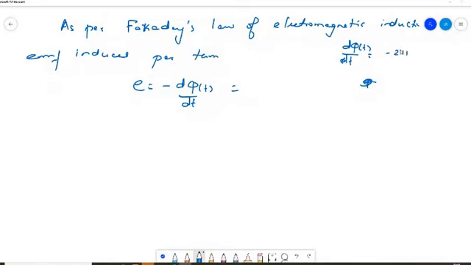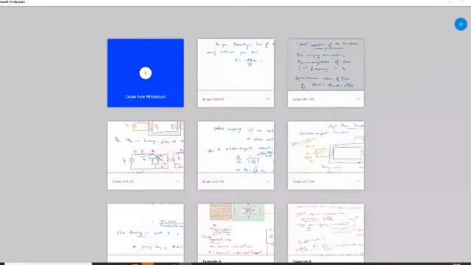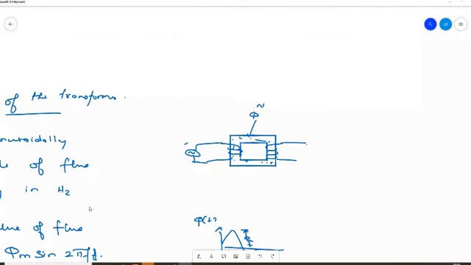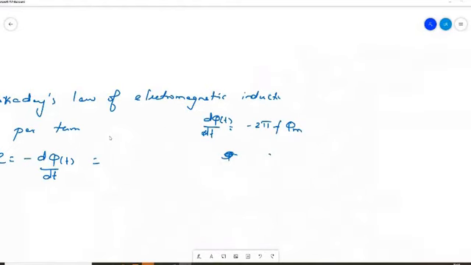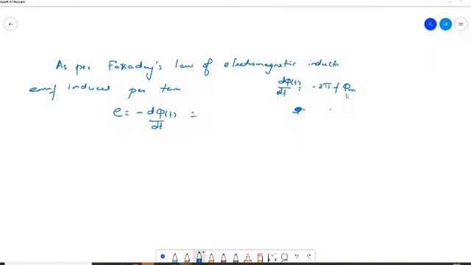So it is minus of d phi of t by dt, and you will be getting 2 pi f phi m sine of 2 pi ft minus pi by 2.